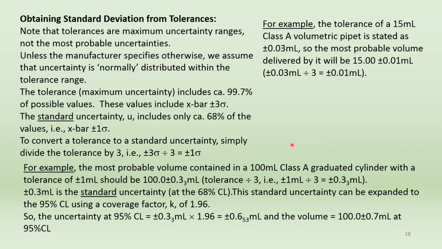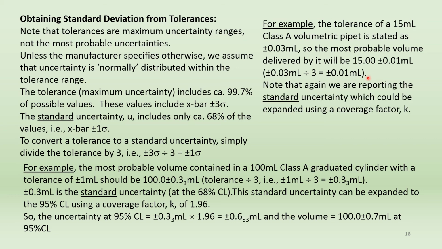One more example. The tolerance of a 15 mL Class A volumetric pipette from the tables is listed as plus or minus 0.03 mL. So the most probable volume delivered by it would be 15 plus or minus 0.01. Where does this come from? We'll take the tolerance, 0.03, divided by 3, and we get 0.01 mL for the standard uncertainty.